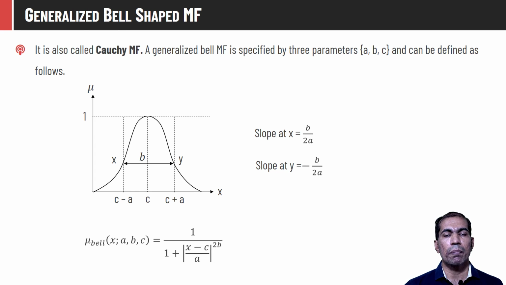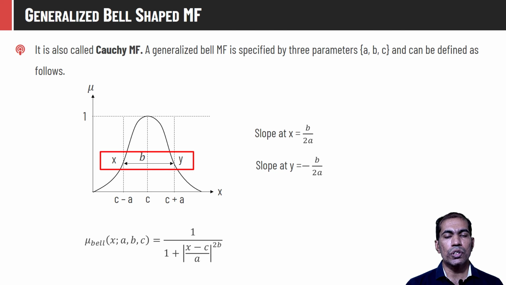Generalized bell-shaped membership function is also known as a Cauchy membership function, and this is a generalization of all the membership functions we have discussed. By setting appropriate parameters a, b and c, we can generate a family of membership functions. And the equation for mu bell x a b c is given as 1 upon 1 plus (x minus c upon a) raised to 2b.